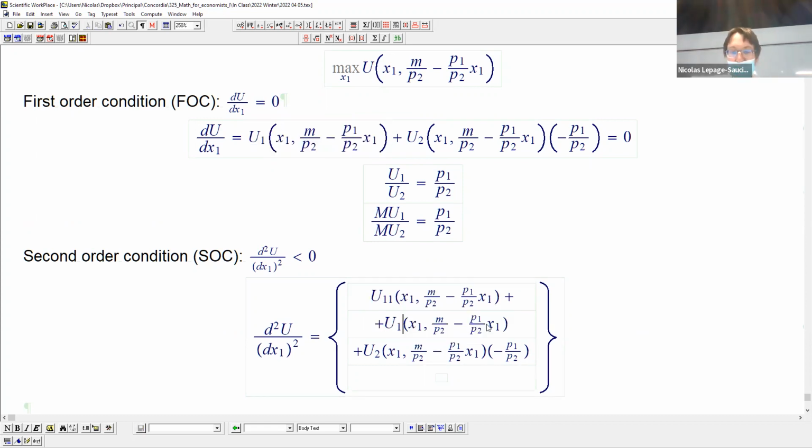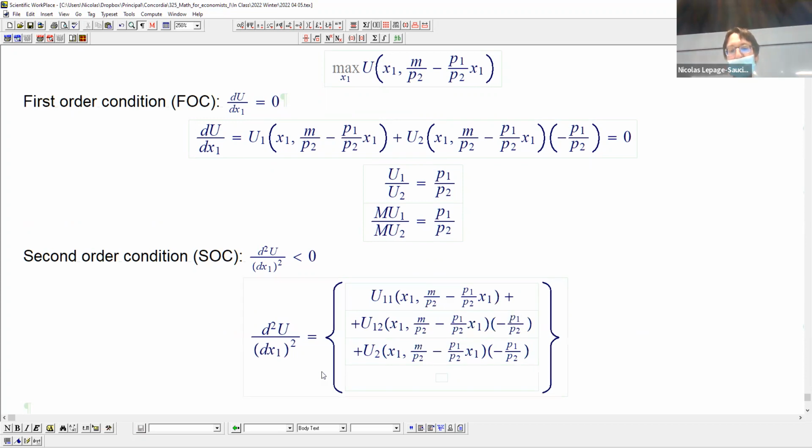Okay, so now I derive with respect to the second argument. And then again, I have my minus p1 over p2 there. And now I can derive this part, u2. With respect to the first argument, I get u21. And the second argument, u22, and then I derive with respect to this thing there. So again, I get times minus p1 over p2.